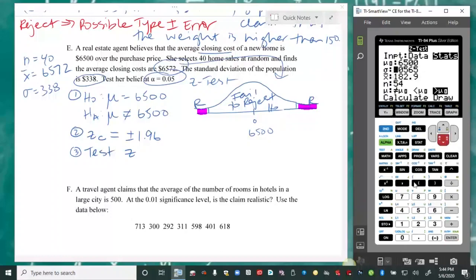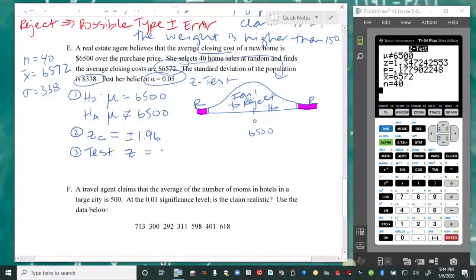My population standard deviation, and I do have it, is 338. 6572 is my sample mean. My sample size was 40. And I've got a two-tail test, so not equals there. And then calculate.